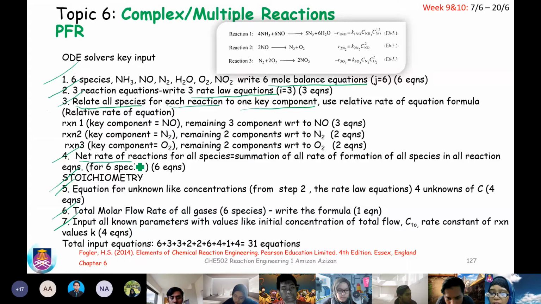Fourth, write the net rate of reaction for all species. Fifth, write the equation for the unknowns. Yeah, it could be concentration, it could be the rate constant.